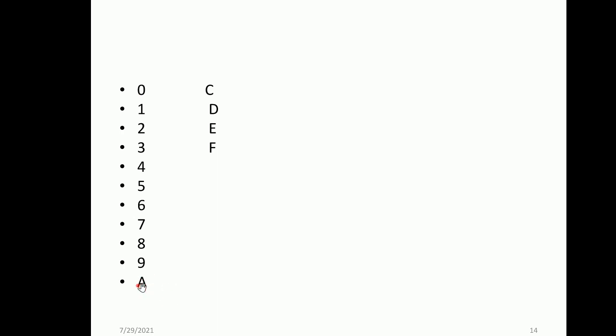I can't write that in, so I should have actually put a B, C, D, E, and F. Those are the 16: 1, 2, 3, 4, 5, including B, 6, 7, 8, 9, 10, 11, 12, 13, 14, 15, 16. So using 4 bits, you can represent all these hex numbers.